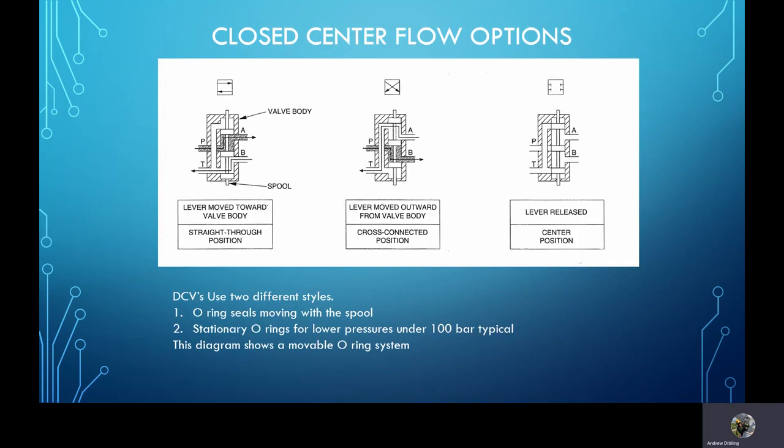Okay, so looking at this, when you're looking at your directional control valves, you have two different types. So sometimes the O-ring seals move with the spool, and those are the types that we have in our lab because we're using a lower pressure.